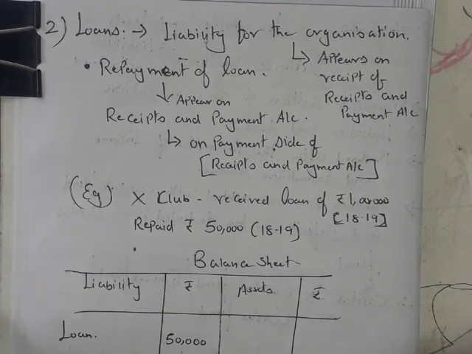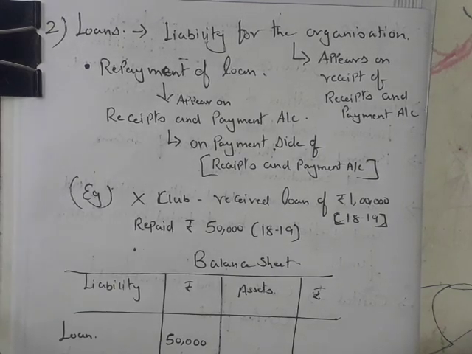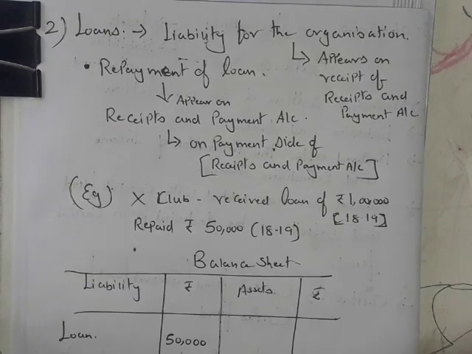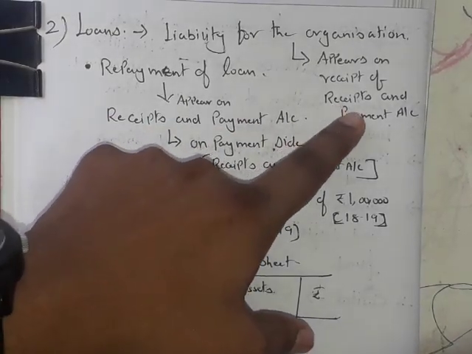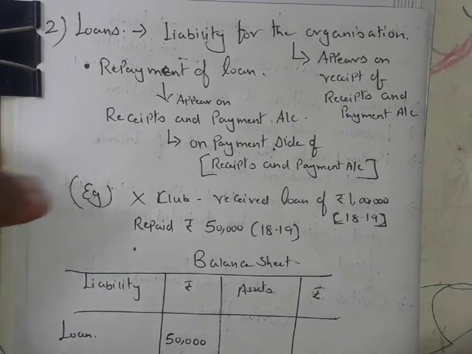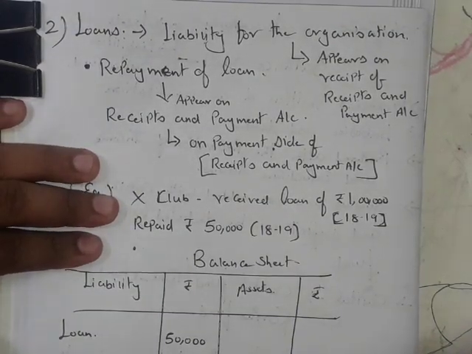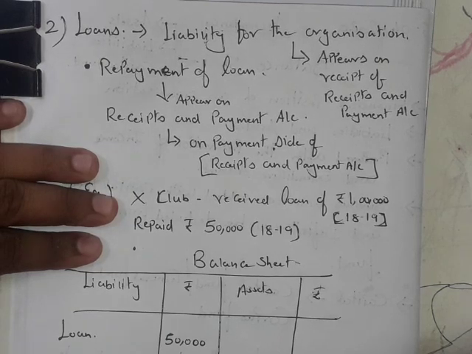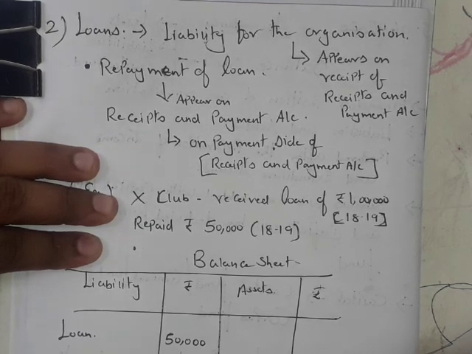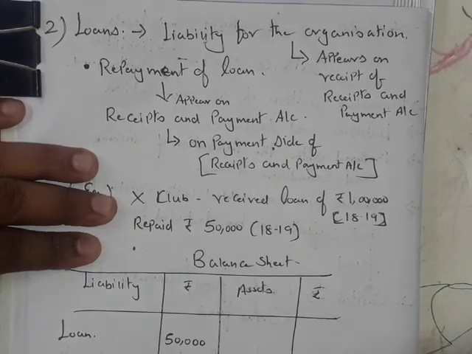But when we receive the amount of loan, in that situation, we need to document the amount of loan as a receipt in the receipt side of our receipts and payment account. I repeat it, when we receive a loan from a bank or from any other member in order to meet the requirements, the loan forms part of a liability and will be documented on the liability side of the balance sheet.